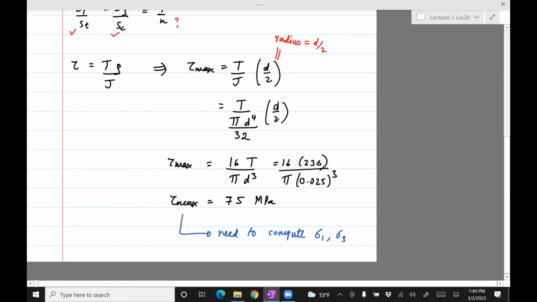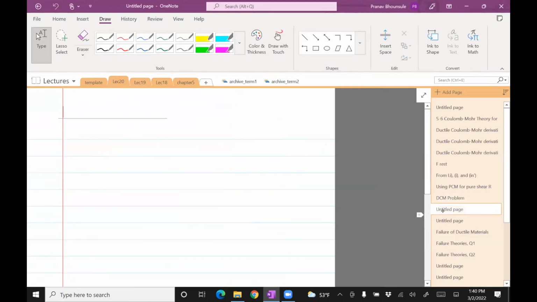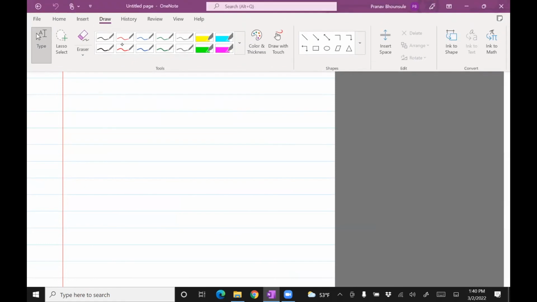Okay, let's compute sigma 1 and sigma 3 now. Let's understand what's going on. We have a circular specimen which is subjected to a torque. If you look at a plane element here, this is under pure shear. Because of the torque, this is going to be under a shear stress, right?